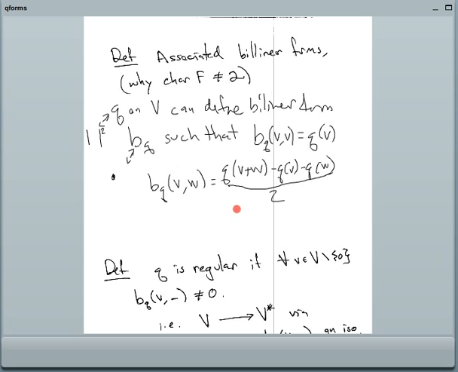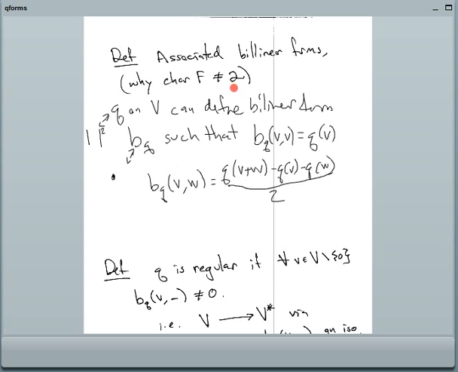So this gives a nice back and forth relationship between quadratic forms and bilinear forms. If you have a quadratic form, you can define this bilinear form. If you have a bilinear form, this gives you a quadratic form. And this gives you a nice bijective correspondence between bilinear forms and quadratic forms. The only trick is you needed to divide by 2 to do that. So this is why we generally assume the characteristic is not equal to 2. There is a very nice, well-developed theory of quadratic forms when the characteristic is equal to 2.